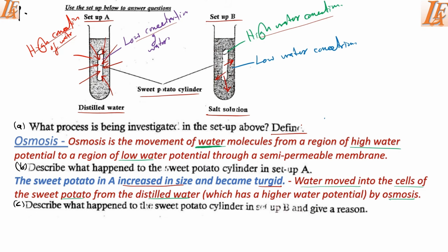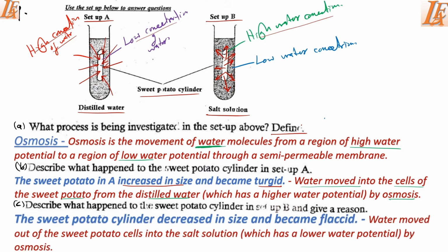So in this case, the sweet potato cylinder is going to lose water. The water will move from the cylinder into the solution. And when this happens, the potato cylinder is going to lose some content, that is water, and it's going to shrink and become small. So here we will say the sweet potato cylinder in B will decrease in size and become flaccid.